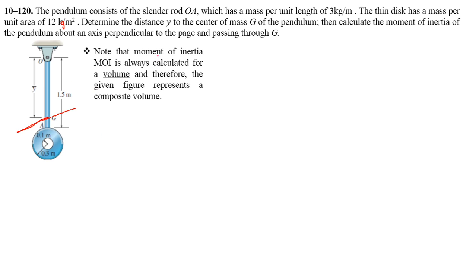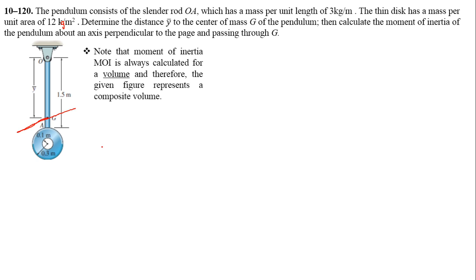So you have to note that the moment of inertia, MOI, is always calculated for a volume. So this given figure here represents a volume. We have a rod that has a volume, and we have a thin disc that has some kind of a volume. So it is a composite volume actually. It's not a composite area.